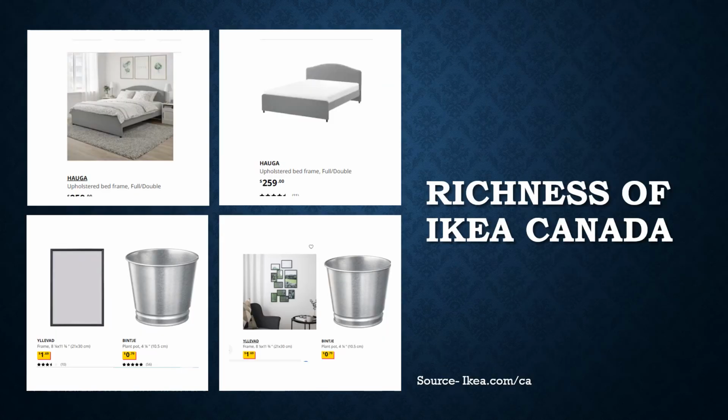The next is richness at IKEA. Yes, you can imagine and see from the picture how it will look in your bedroom, like the bed. You can see any bed with the price and the information. They are selling quite complex information by giving it in a very friendly and innovative way.